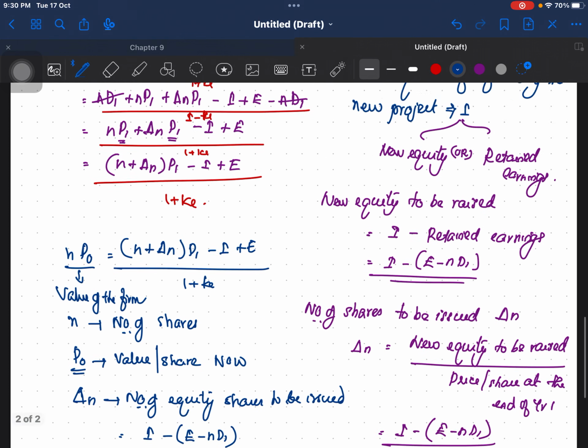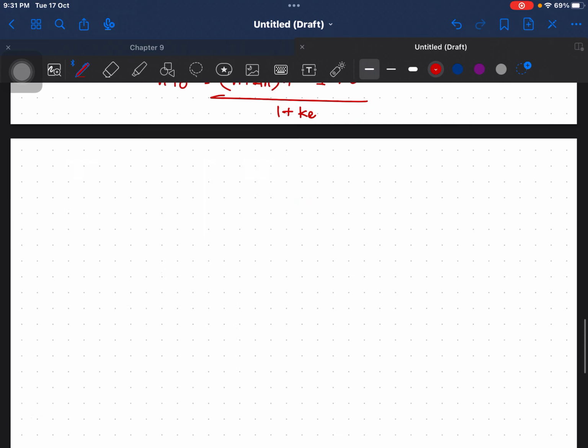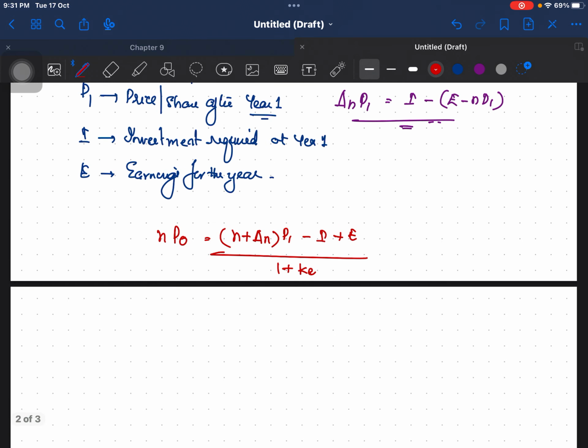Now, since you have this formula, nP0 is equal to n plus delta n into P1 minus I plus E divided by 1 plus ke, my question is, why is it known as the dividend irrelevance model?